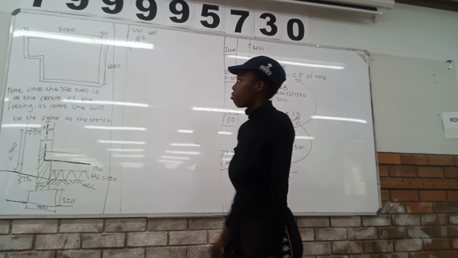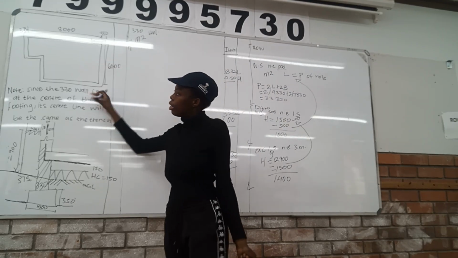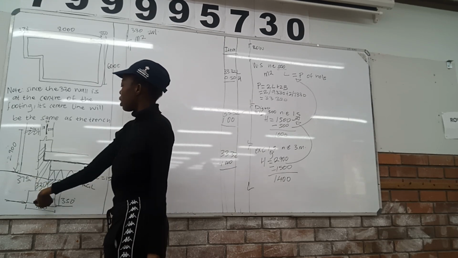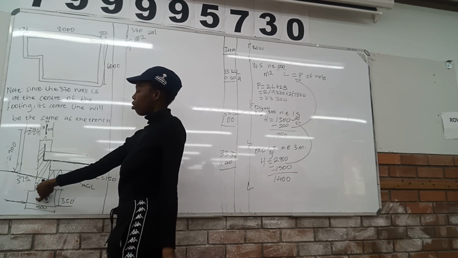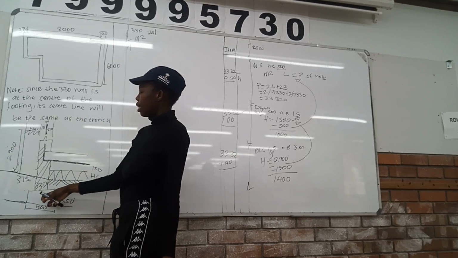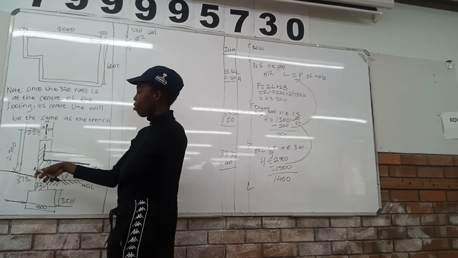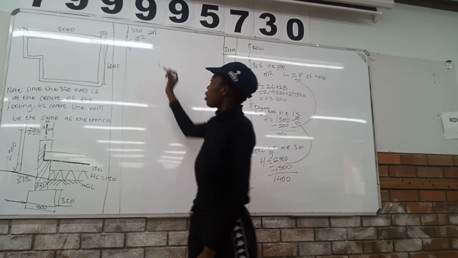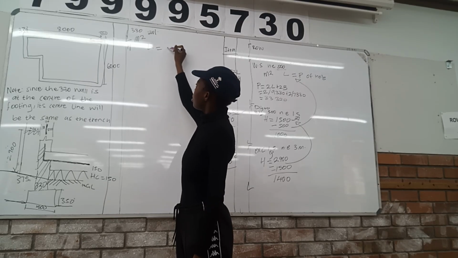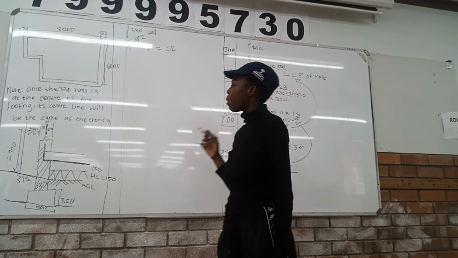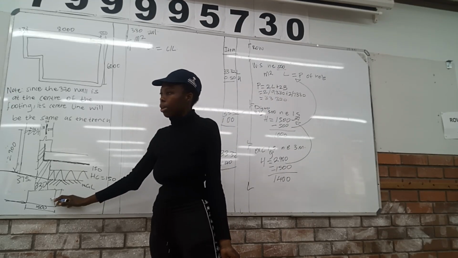Okay, to get the length of the wall, we go back to the trench again. Since the 330 wall is at the center of the concrete footing of the trench, the center line of the trench will be the center line for the 330 wall. So the length of the 330 is equal to the center line. We don't have the center line of the 330, but we have the center line of the concrete footing.